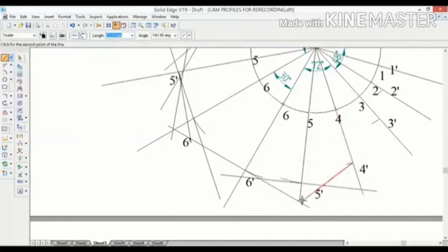Tangent to 4 left hand side, tangent to 4 right hand side, tangent to 3 left hand side. See the 3 line tangent is going here right hand side like this, and 3 line tangent line right hand side, 2 dash tangent line.